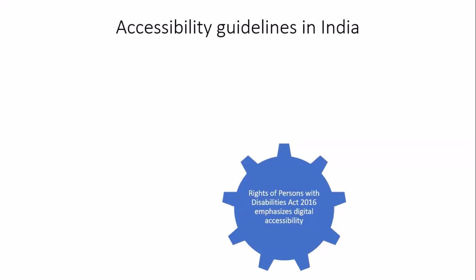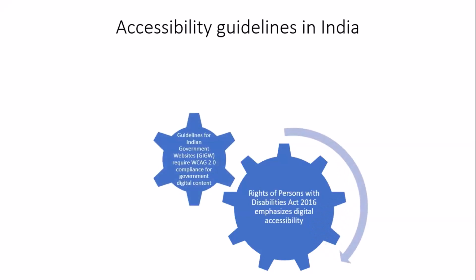In other countries, the awareness is now spreading, and in India also there have been guidelines launched. So here you have the Rights of Persons with Disabilities Act 2016, which emphasizes digital accessibility, and the guidelines for Indian government websites require WCAG compliance for government digital content.